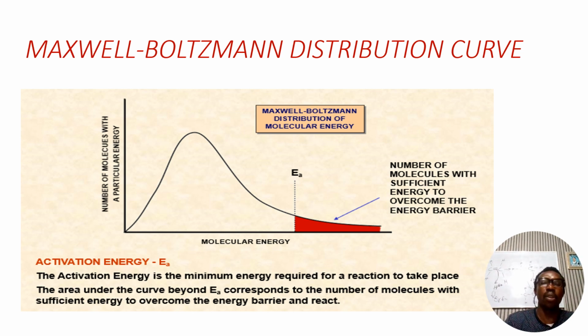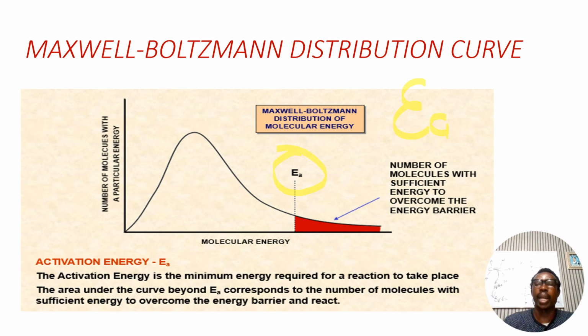If you look at the curve, the area under the curve beyond this point is the activation energy, which we represent with E. It is the minimum amount of energy for any chemical reaction to take place, based on collision theory that we've treated in the past.